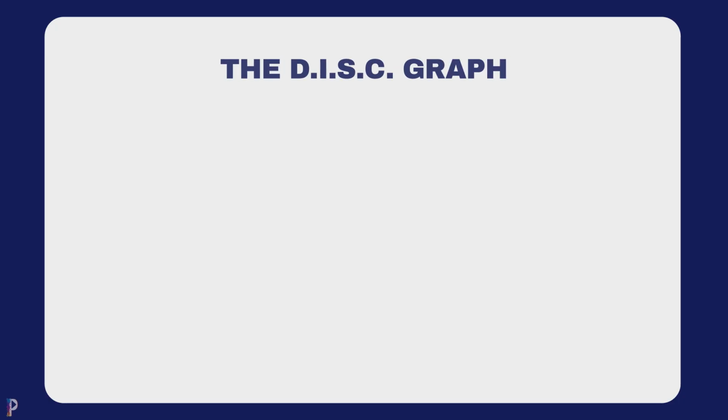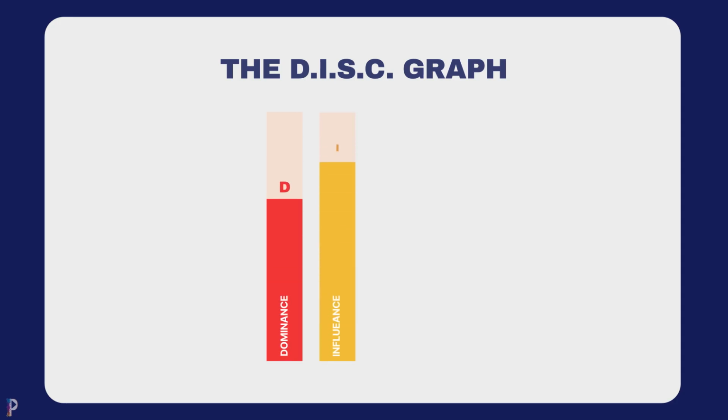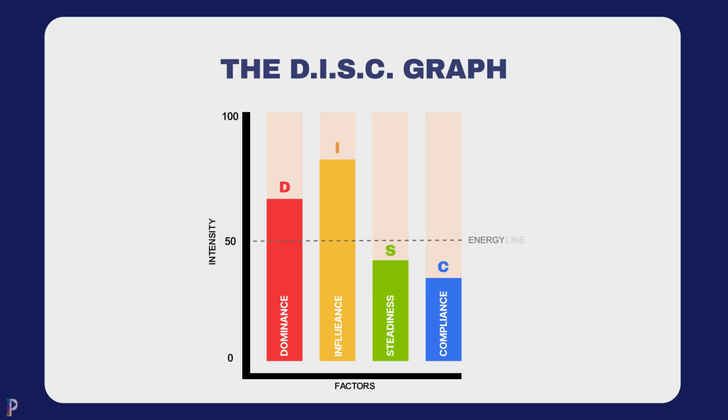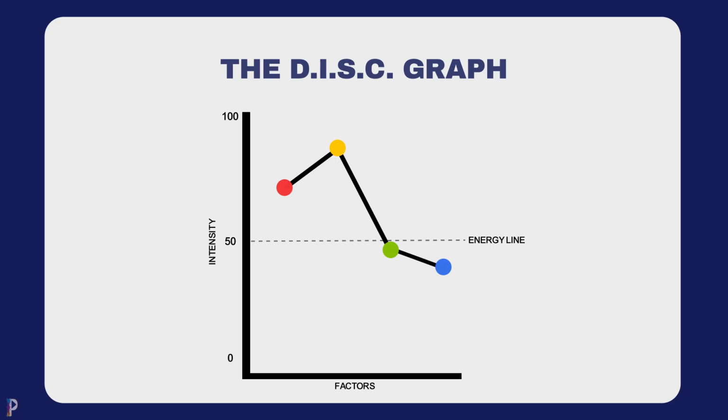DISC examines each factor individually. D, I, S, and C are scored separately on a scale from 0 to 100. These scores are then plotted on a graph, and the points are connected with lines. The shape formed by these lines reveals a deeper story than any single letter in the DISC system.